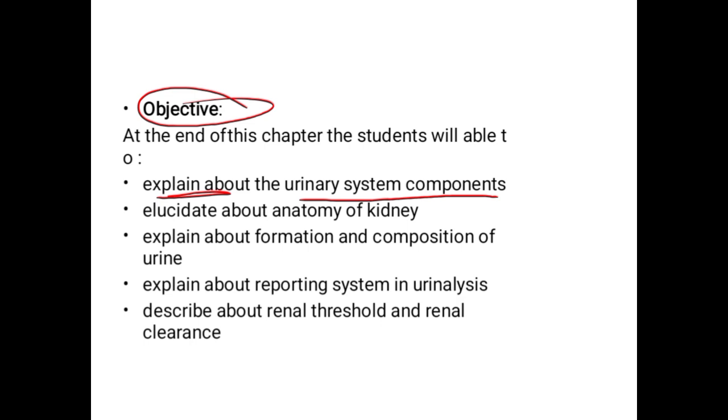Urinary system, also called renal system.